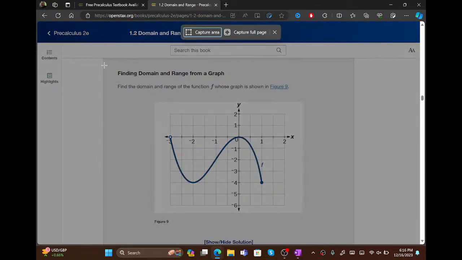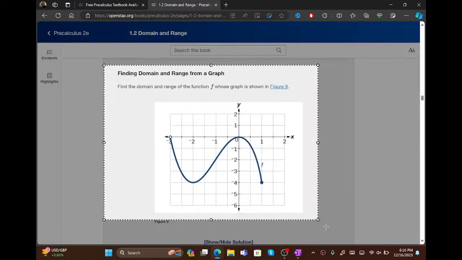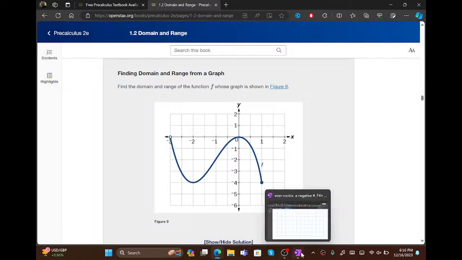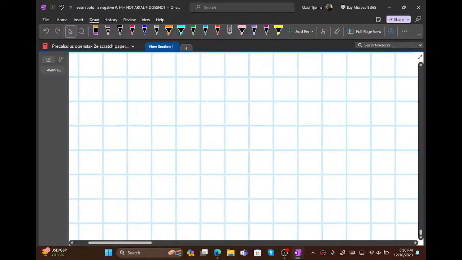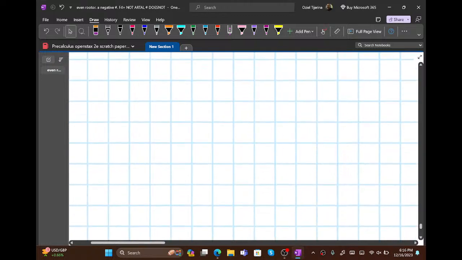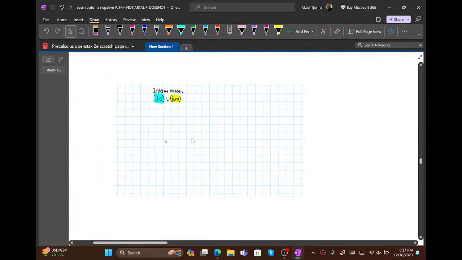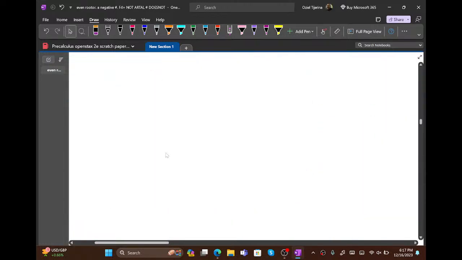Give me one second, guys. I'm going to say it in interval notation. I'm not going to say it in set builder or anything like that. Like I said, interval notation is, I think, the most commonly used type when it comes to these problems.